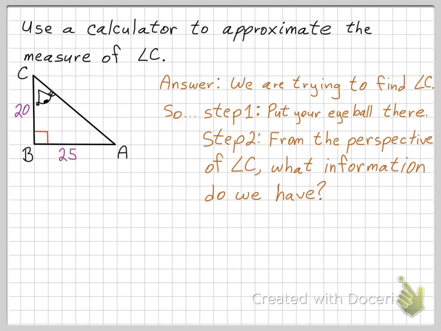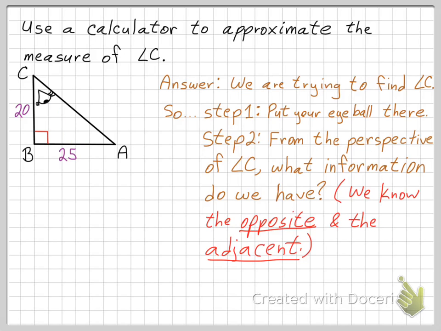Well, it seems like I know that. And from the perspective of my eyeball, that would be the opposite side, right? And then I know this, which is the adjacent side. So we have information about the opposite side and the adjacent side. And then the next step would be, what ratio is that? Okay, what are we talking about?